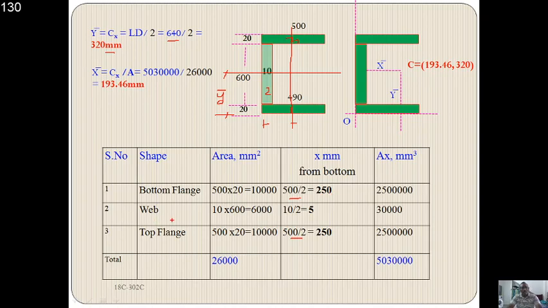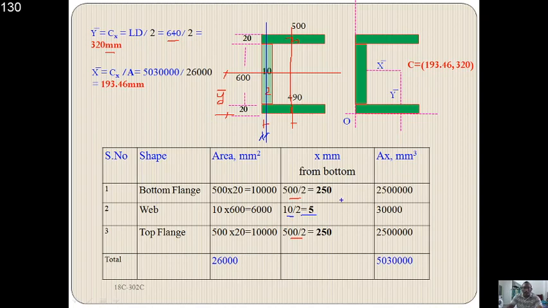Whereas the web's line will not pass through the same point as the flanges, hence this would vary. Therefore, this would be 10 by 2, that is 5.